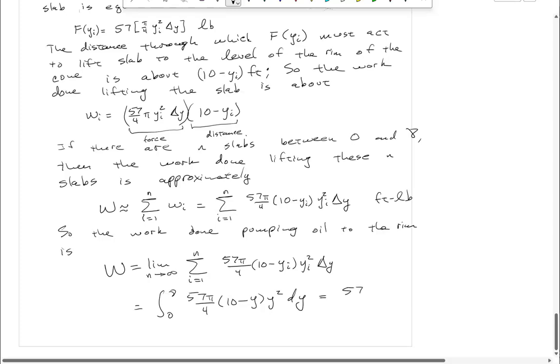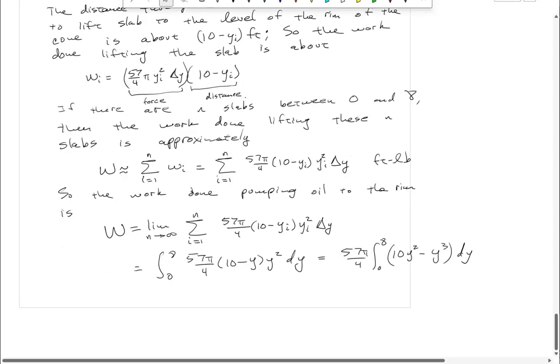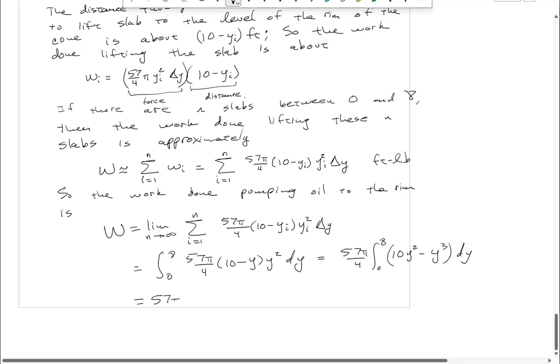Of course, the 57 pi over 4 is a constant, and we can distribute the y squared to get 10y squared minus y to the third dy. When we integrate this, we're going to get 10 thirds y to the third minus 1/4 y to the fourth, and integrate from 0 to 8. Obviously, plugging in 0 is going to zero everything out. Plugging in 8, we get approximately 30,561 foot-pounds.